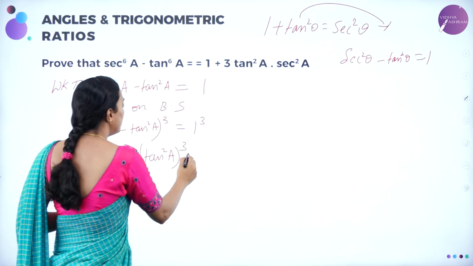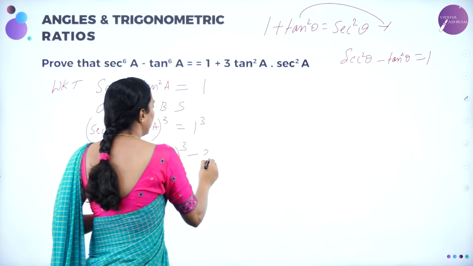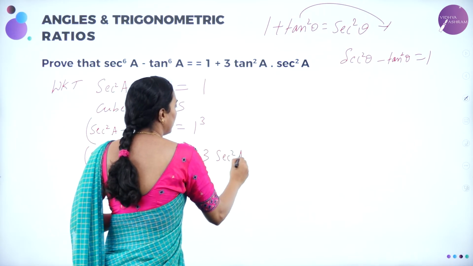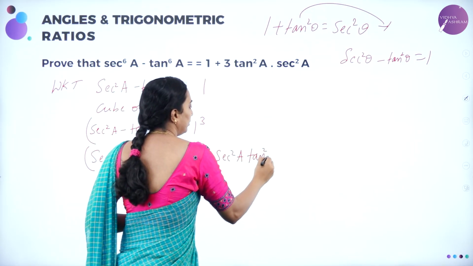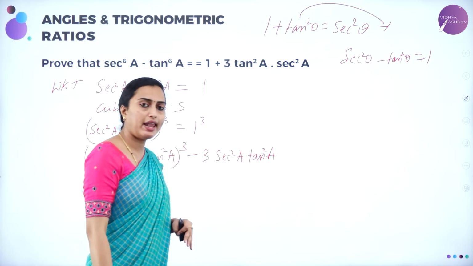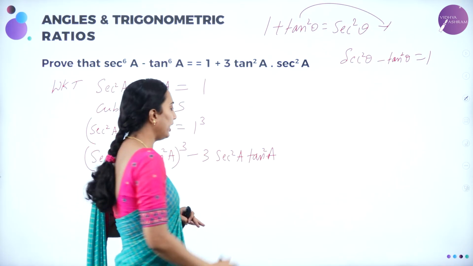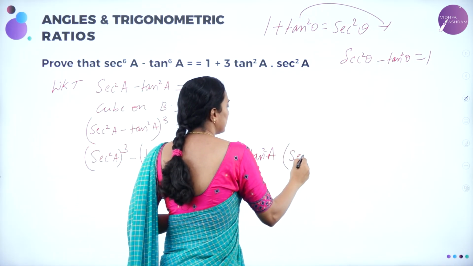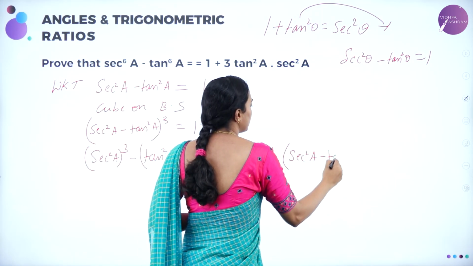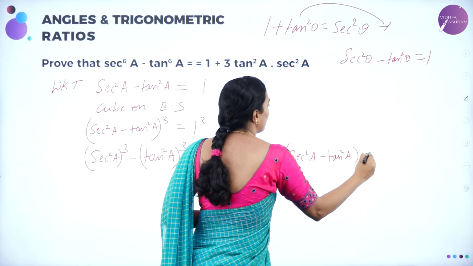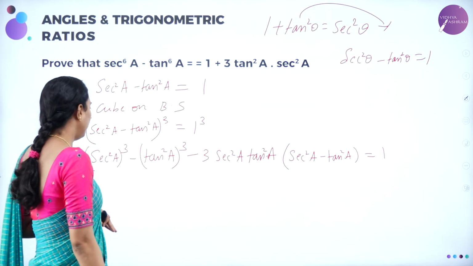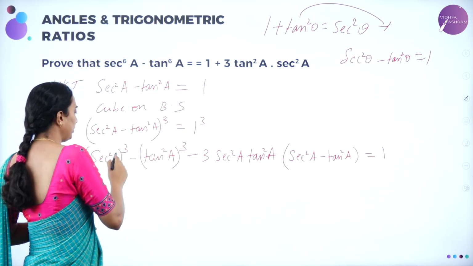B cube. Minus 3AB, 3 into A into B, where A is secant squared A, B is tan squared A, into A minus B, which is secant squared A minus tan squared A, which is equal to 1. 1 cube is 1 only. Now, 2 into 3 is 6.